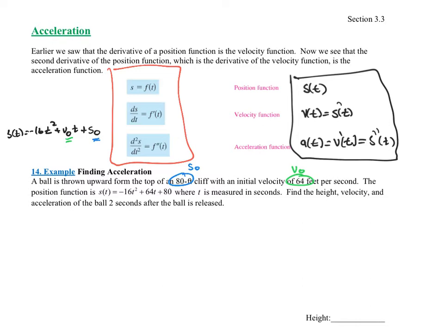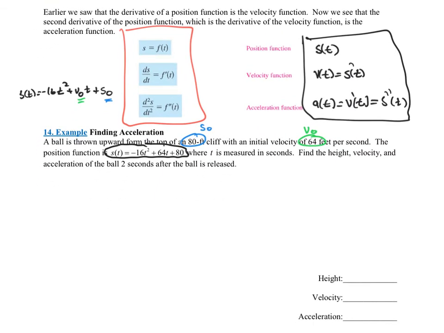So that does mean that our position function is the correct function here. It says find the height, velocity, and acceleration of the ball 2 seconds after it's released. So it wants us to plug in t equals 2 to the position function, which would be the height, to the derivative of the position function, which would be the velocity, and to the second derivative of the position function, which would be the acceleration.